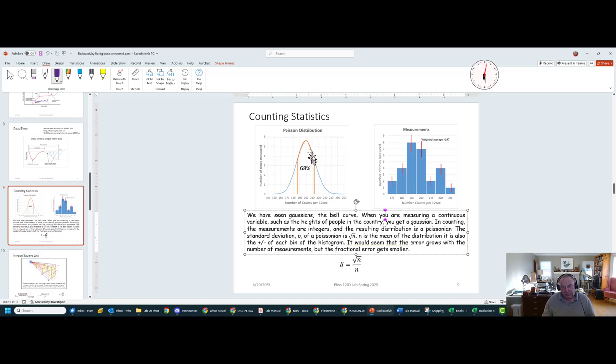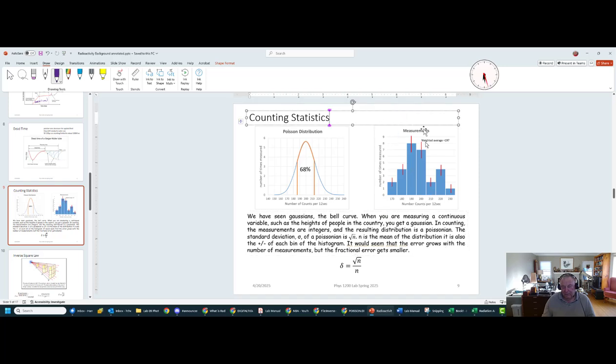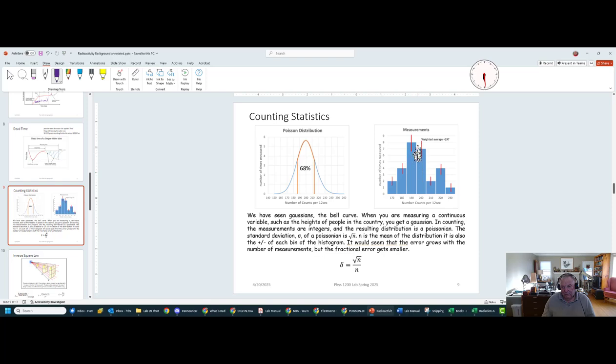Turns out, too, that for a Poisson, if you take enough measurements, it eventually becomes a Gaussian, a normal curve. But in any event, similar to the sigma of a Gaussian, we say that it contains some 68%. It's related to the natural logarithm. But for us, if we have these bins where we've been throwing the rocks in, each one of them has an error bar as well, which is the square root of whatever that count is.